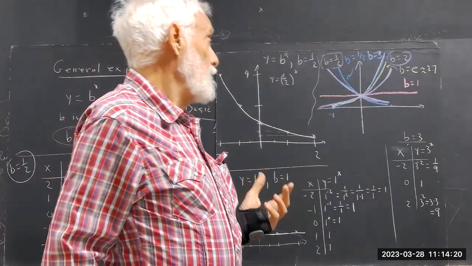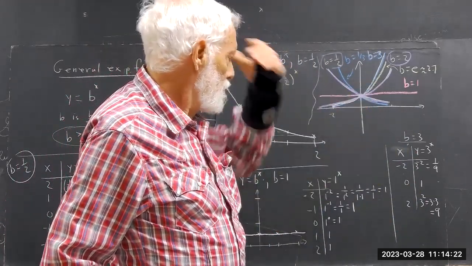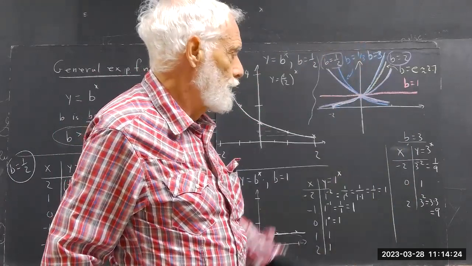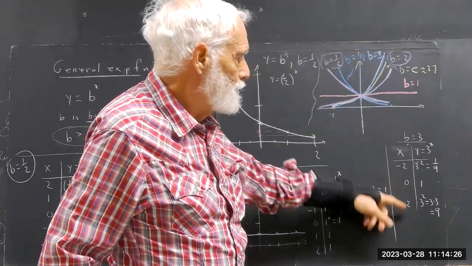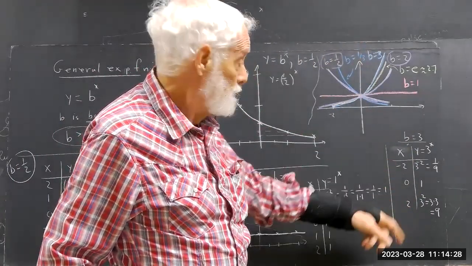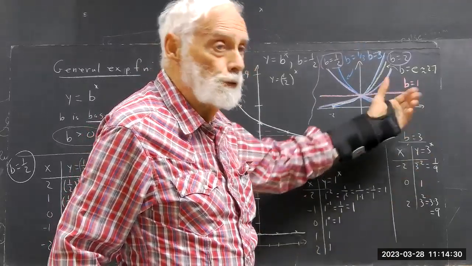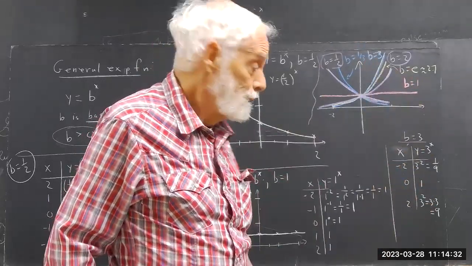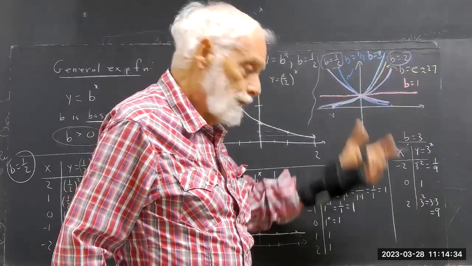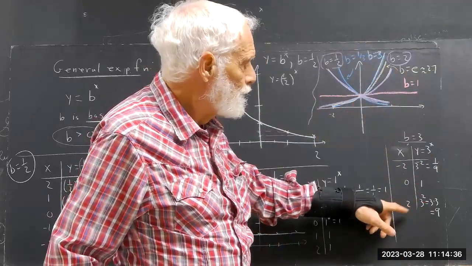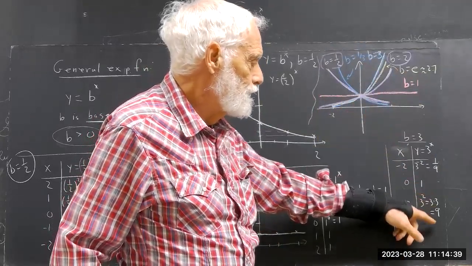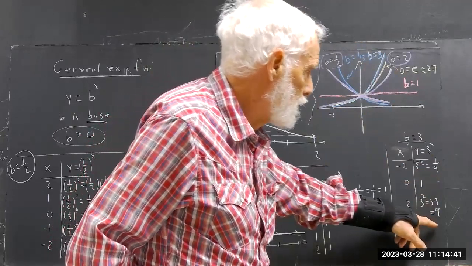Okay. Now, another graph we did was B equals 3. Well, B equals 3 graph, I just put 3 numbers down. 3 to the -2 is 1 over 3 squared, which is 1/9. 3 to the 0 is 1, because everything to the 0 is 1. And 3 to the second is 9. So we have 1/9, 1, and 9.